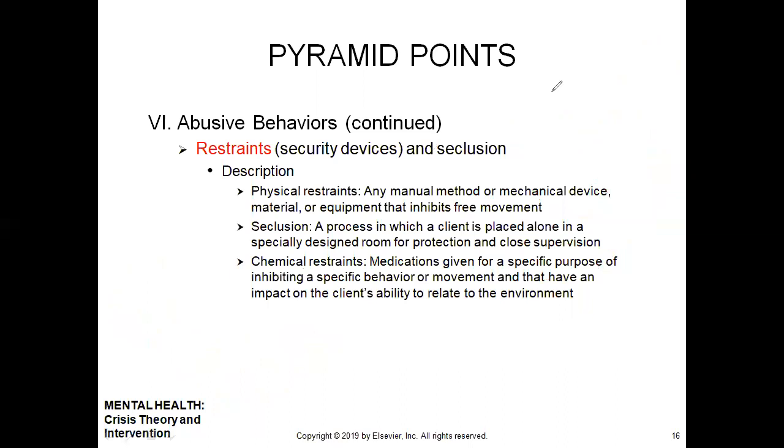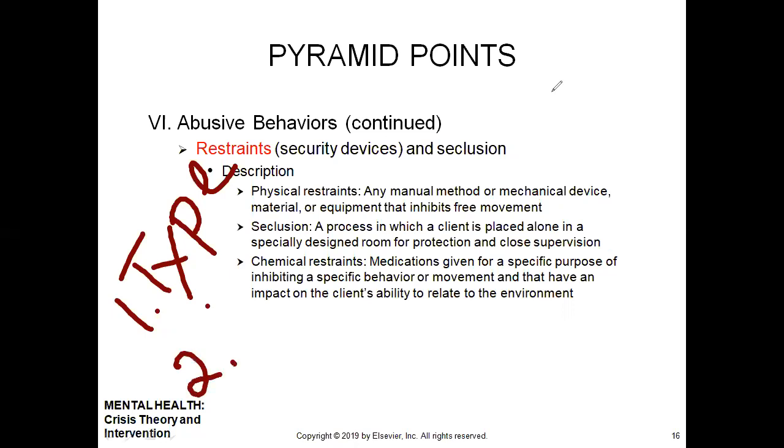We have to write at least some points. One is the type of restraint. What type of restraint did we use? Is it chemical or physical? Then why did I put the restraint? The reason, right? We have to write the reason.